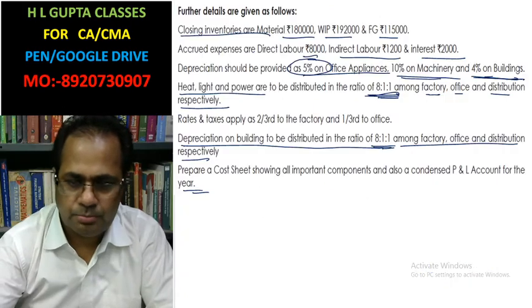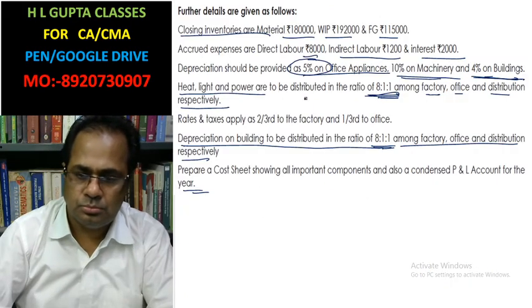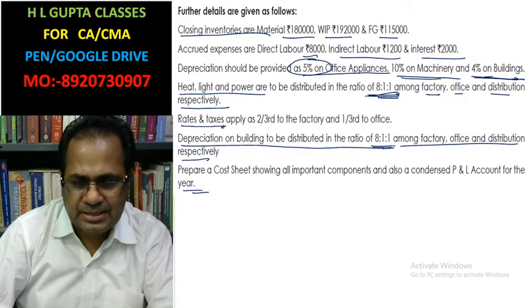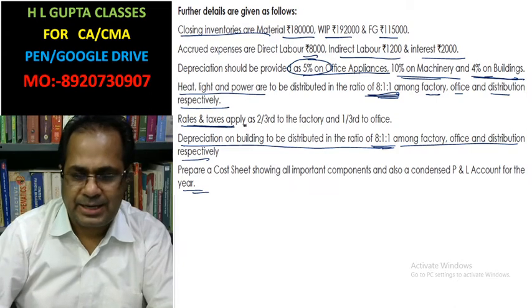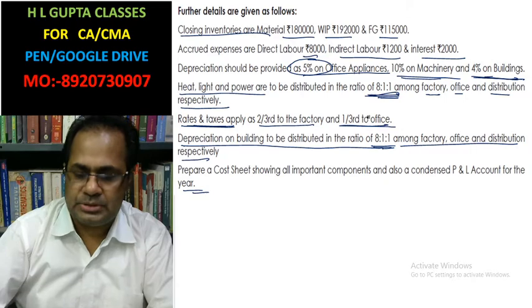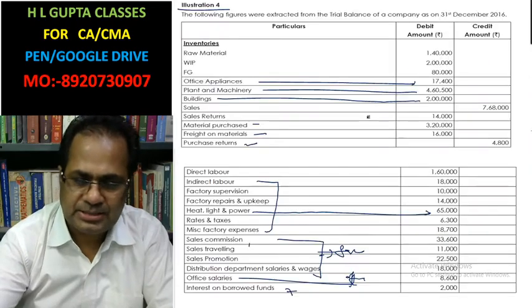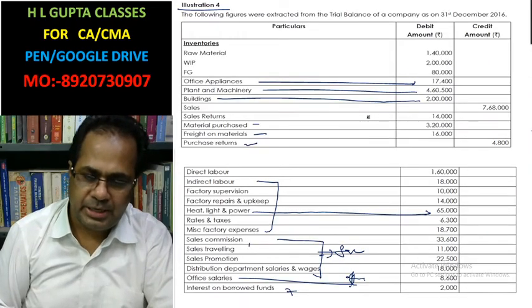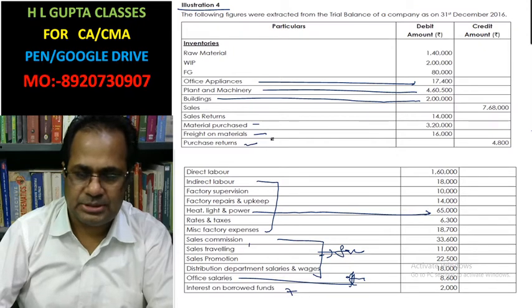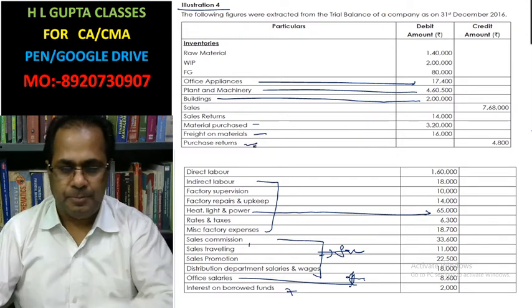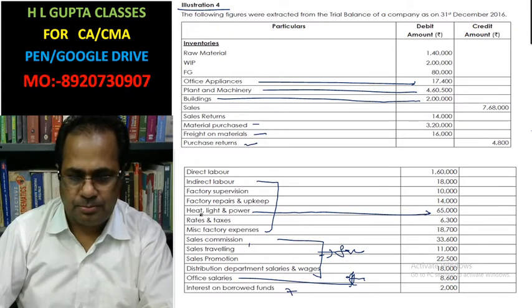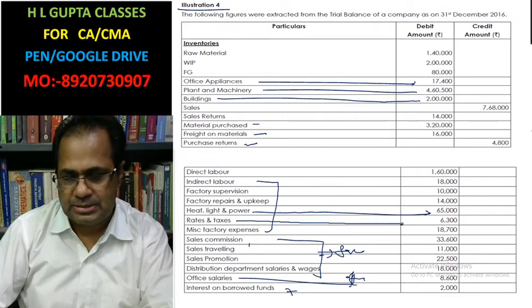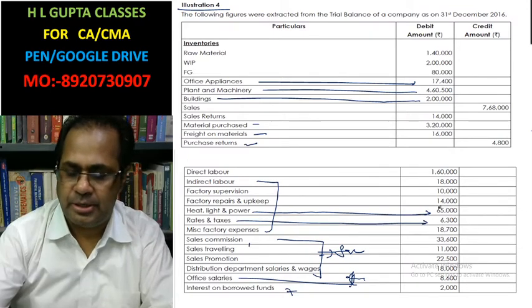Now working note. Look at here. This is rates and taxes. Rates and taxes apply 2/3 to the factory and 1/3 to the office. So what is the rates and taxes here? This is given in the question: rates and taxes 6,300.